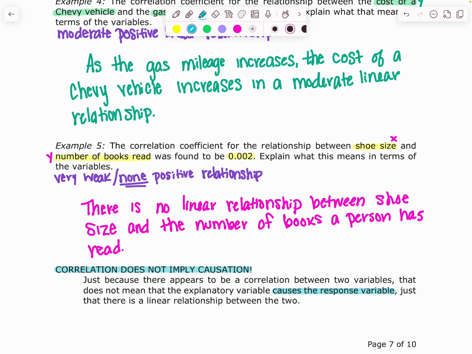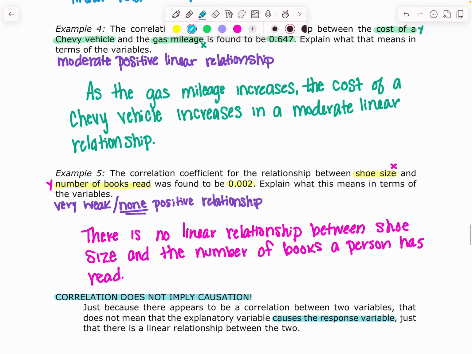And we've already talked about what has to happen in order for cause to occur, and it's a very specific type of experiment. So that is ways to interpret the results from the correlation coefficient.